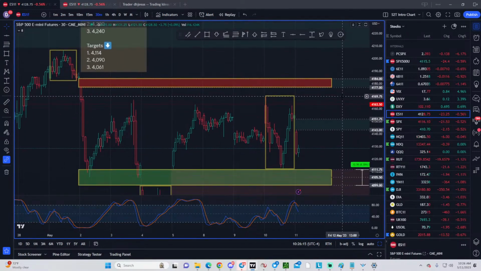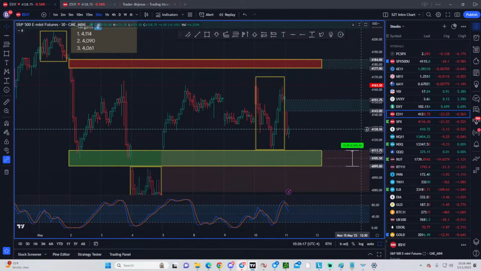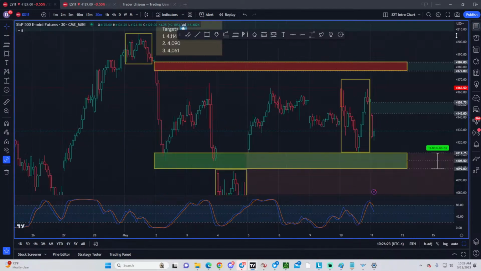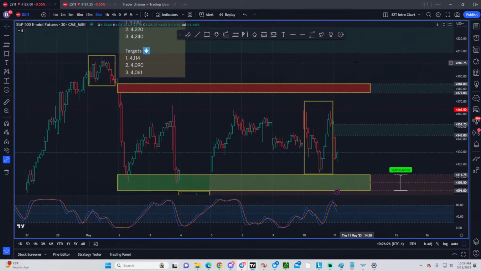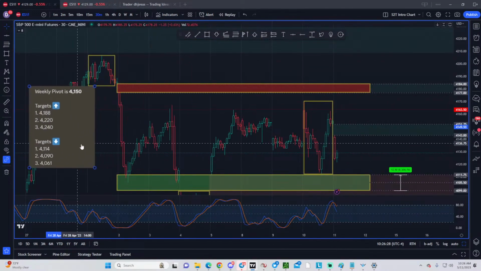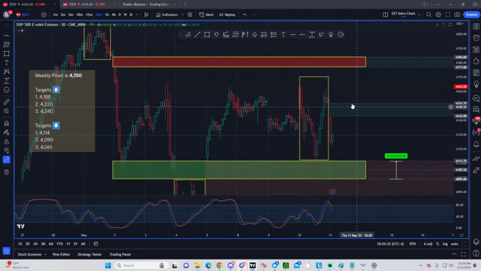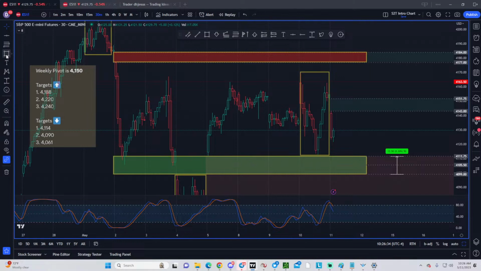We got pivot at 41.50, which is where we are right here in this zone. You see where we gap. This is where pivot is today. Then we have some targets here. Let me mark the pivot zone here, 41.50.